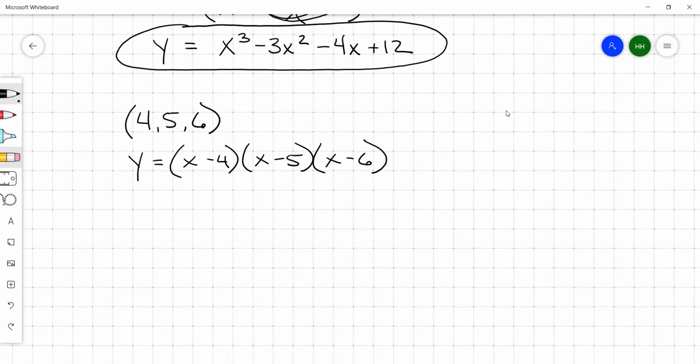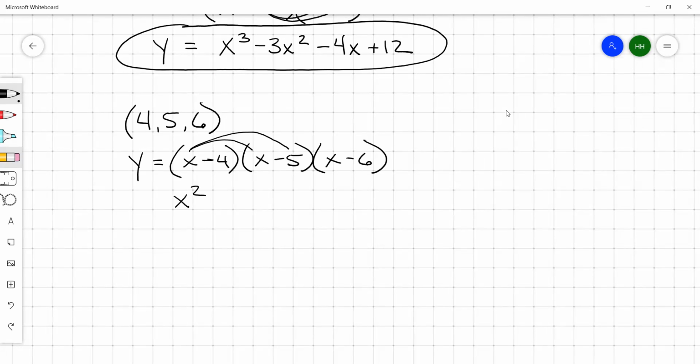Then we're going to multiply the first two binomials. Now, remember, when you factor a trinomial, you get two binomials, right? And your binomials multiply to the trinomial. So you could either do this double distributive property here, or you can say that x times x is equal to x squared.